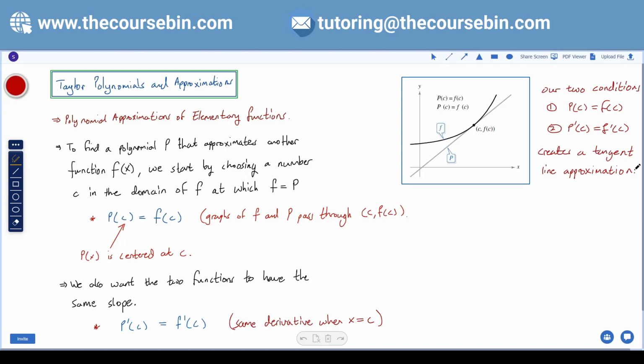Essentially, the more derivatives that you require to equal the same derivative for f, the more the resulting polynomial looks like f. So our Taylor approximation essentially just ends up being a series of terms that add up together, but ultimately approximate the value of f of x near c.